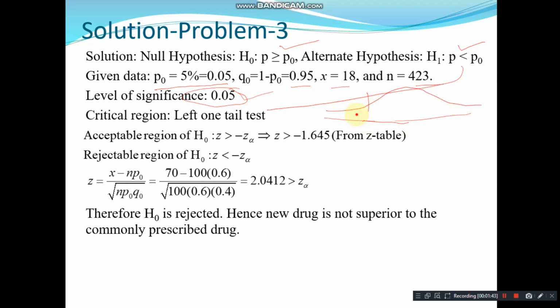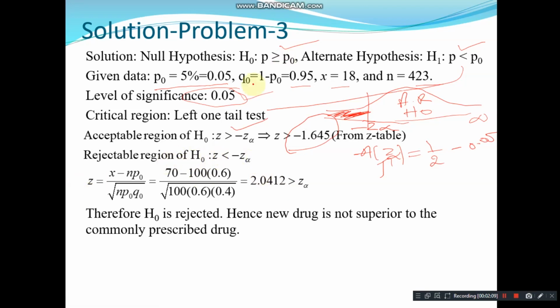Now observe here, the acceptable region is from minus Z alpha to plus infinity. That's why Z greater than minus Z alpha, and for this the area of Z alpha is half minus alpha, where alpha is 0.05. So from the Z standard distribution table you will get minus 1.645. So the rejectable region of H0 is Z less than minus Z alpha.